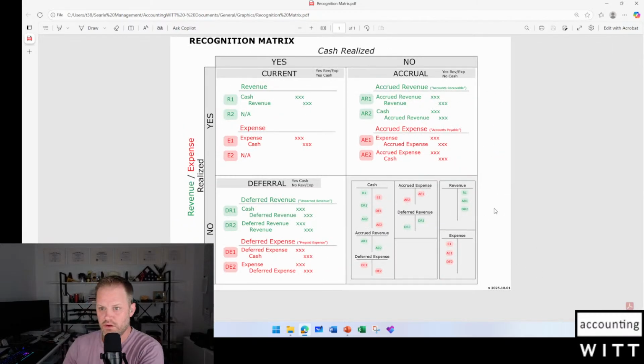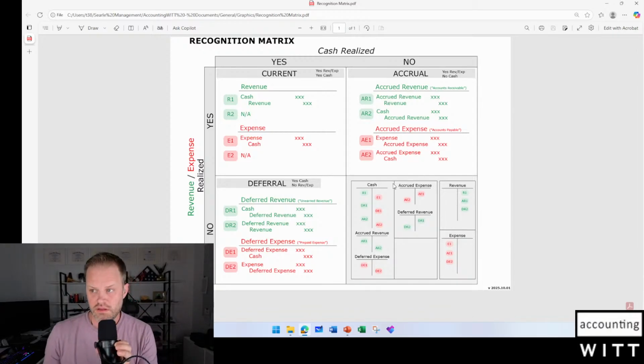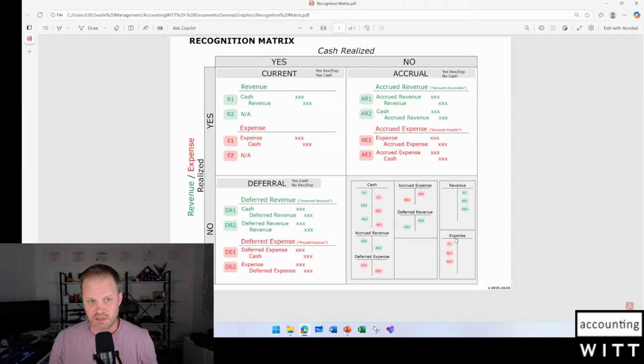All right, so we need to go through this graphic to answer that question, where I'm going to have to make a whole bunch of explanations of this, but this basically explains to you in an accrual or deferral situation how it affects the balance sheet or the income statement over here.